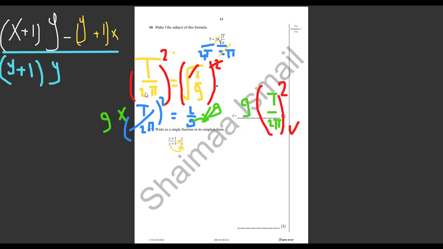Let's expand. So here, xy plus y minus xy minus x. It's clear that we're going to cancel negative xy with positive xy. So here the remainder equals y minus x.